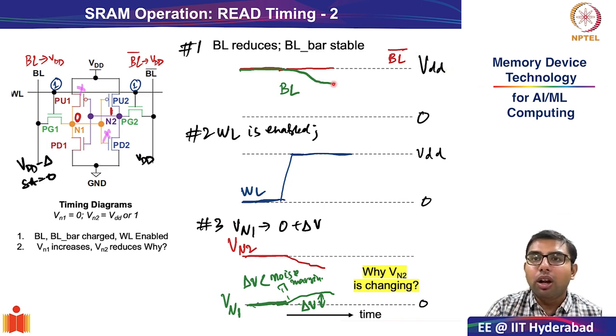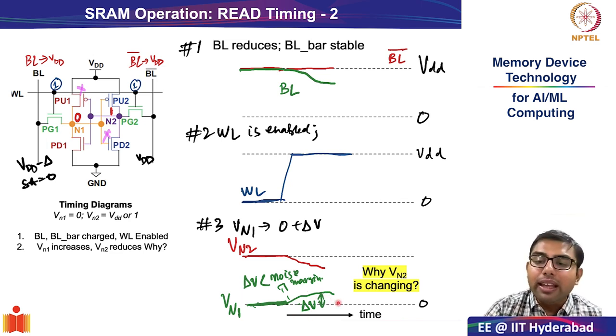What is going to happen along with that? Because a read current is flowing, we also saw that the value at storage node 1 cannot remain at a fixed value of 0. So there will be an increase in the voltage of storage node 1, which we will say is delta V. And please recall from our previous lecture, by appropriate transistor sizing we ensure that this delta V is very small.